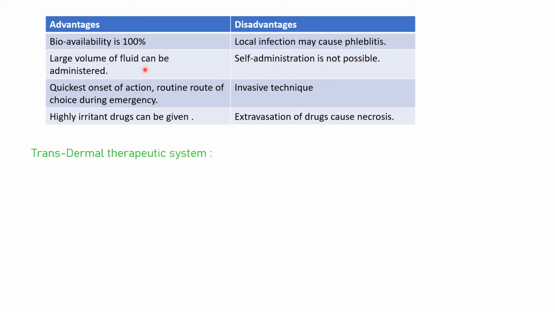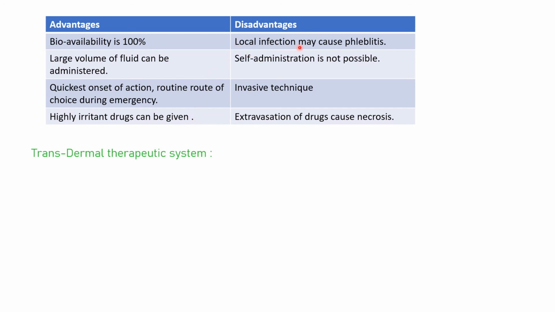Quickest onset of action, because the drug enters directly into the systemic circulation and blood takes the drug to its target tissues, which is very much slower in other routes of administration. It is the route of choice during emergency. Highly irritant drugs can also be given through this route.